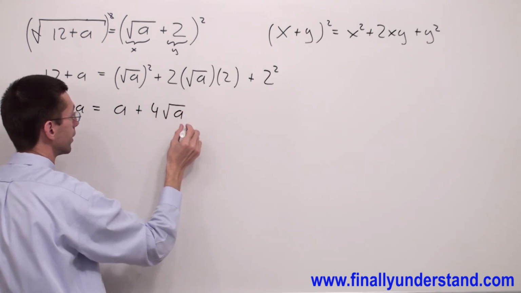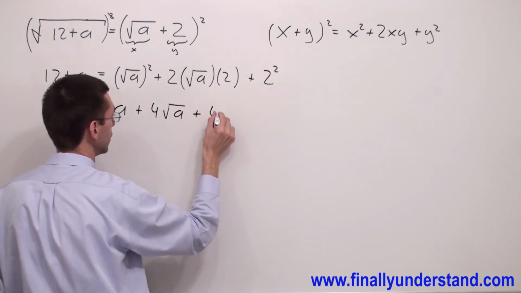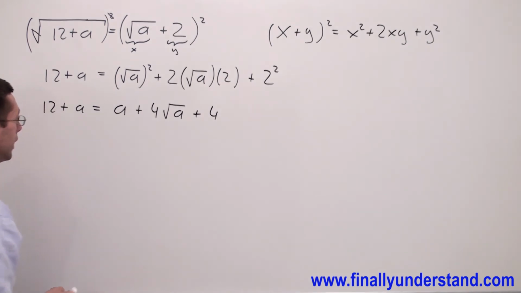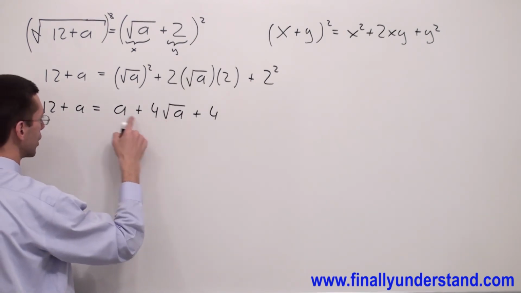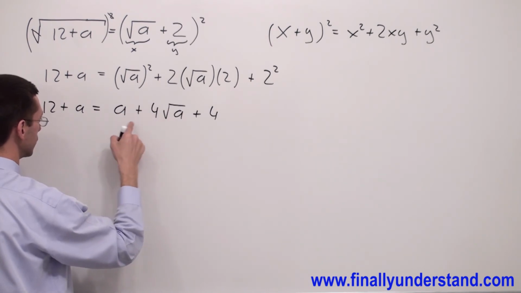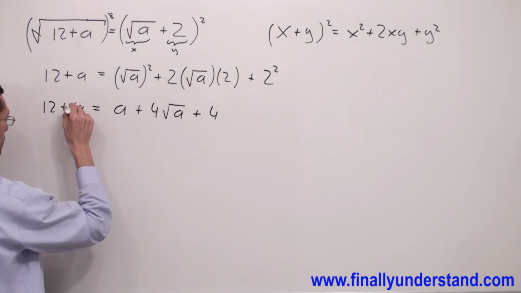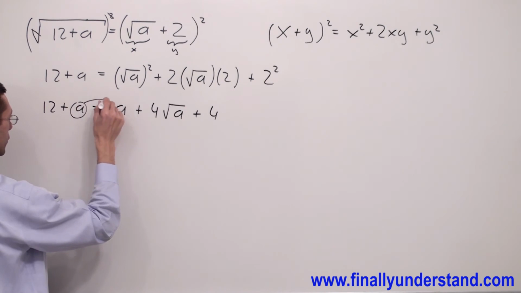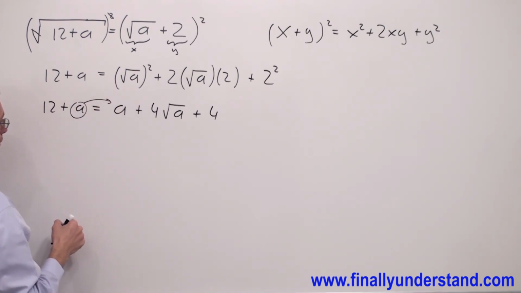Next, I have to bring all terms which have a to one side of the equation, and everything without a is going to be moved to the left side of the equation. Now, because I have more a's on the right side and all of them are positive, I'm going to take this a and move it to the right side.